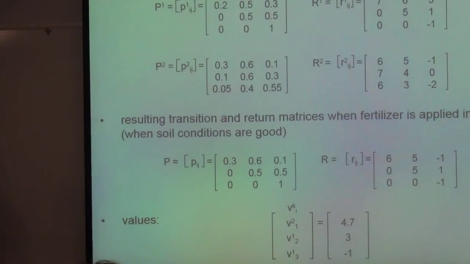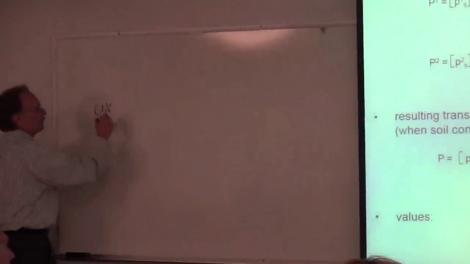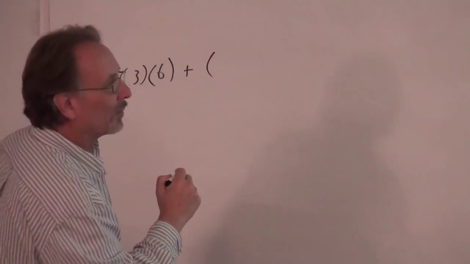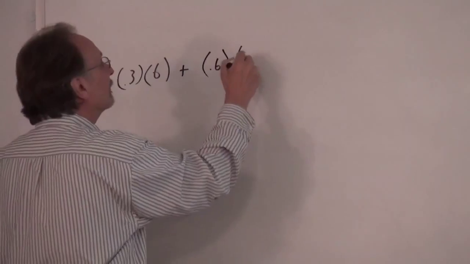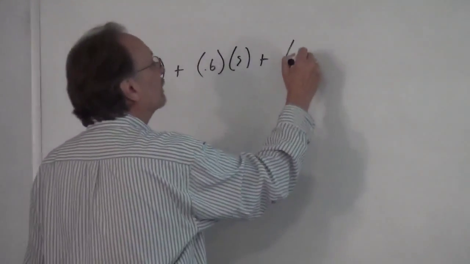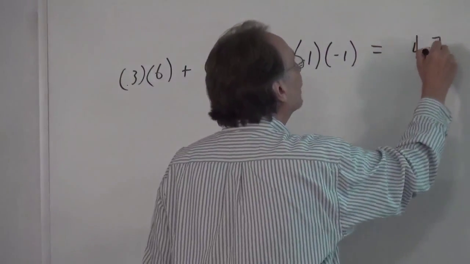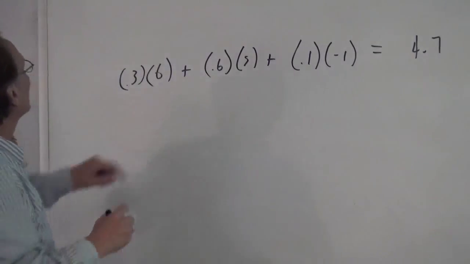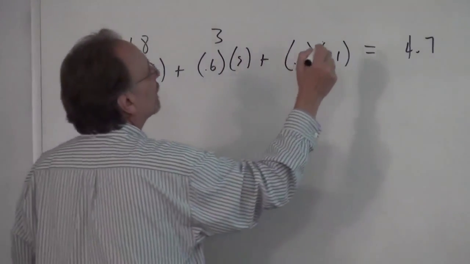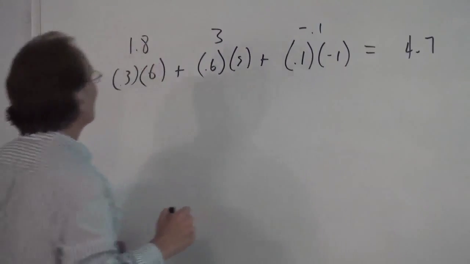That is 1.8, 3, and negative 0.1. So that's 4.8 and 4.7.